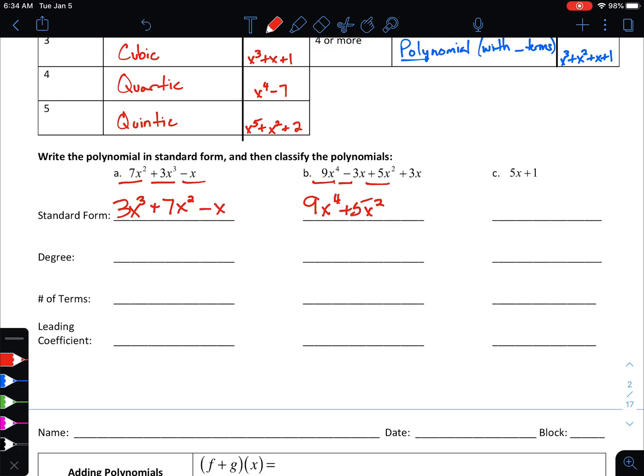We actually have two different terms with x to the power of 1, so we need to combine those together. Negative 3x plus 3x actually add to be 0. So then 9x to the fourth plus 5x squared is just how we'll leave our standard form. Finally, for example C, we've actually already got it in standard form, so that would just be 5x plus 1.